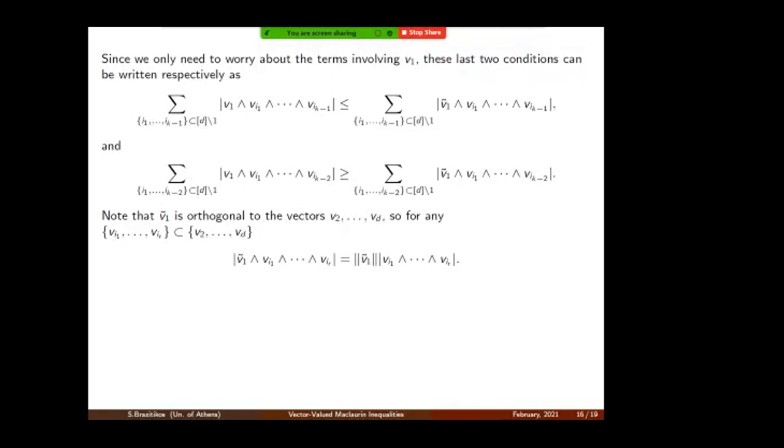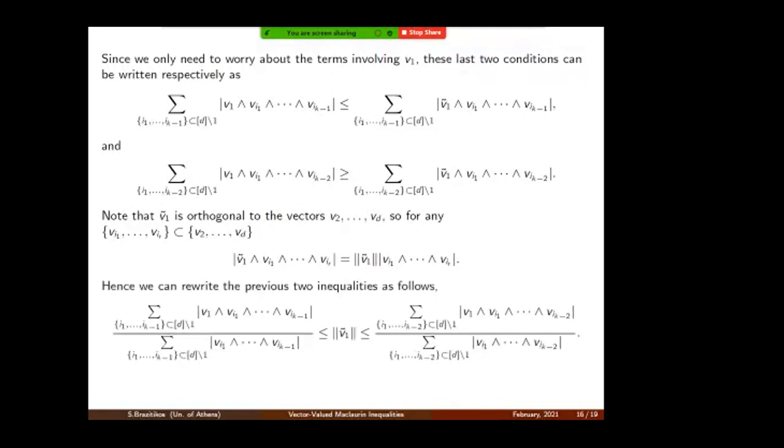So if we use this equality and plug it in here and here and here and here, we can see that these two inequalities can hold if the Euclidean norm of v1 tilde is between these two things here.